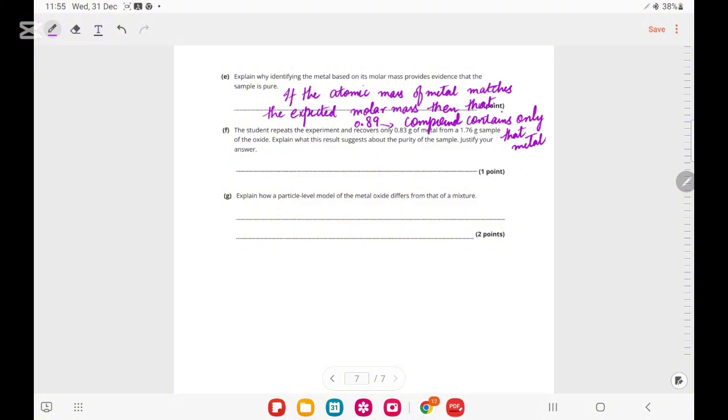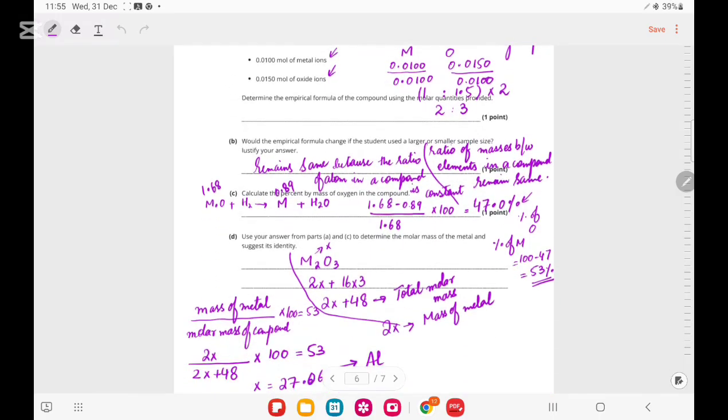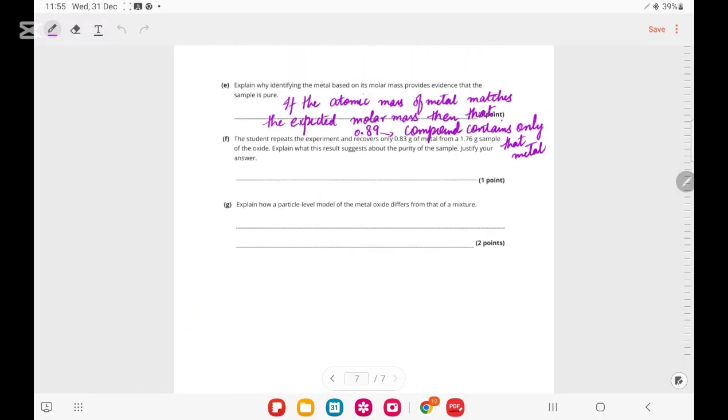And before, the percentage was 53%, but now the percentage has dropped to 47.2% of metal. So it suggests that the sample is not pure.